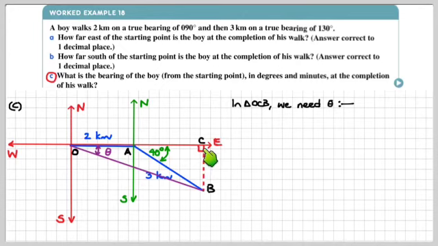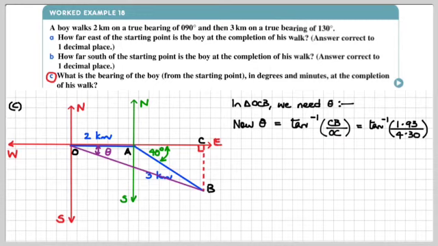I can use tan to work out what this little angle in here is, this little purple theta. So therefore theta, as I say, is the angle whose tan is CB over OC, which, here come the numbers, 1.93 over 4.30, and therefore that gets us a 24.17 degree angle.